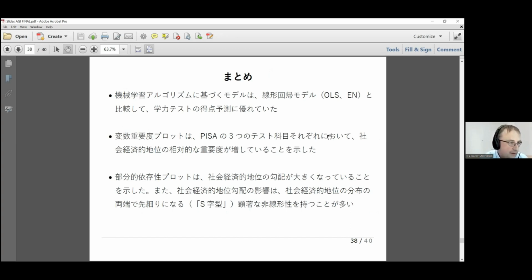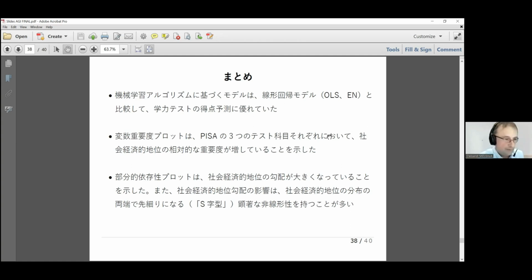When we try to explain the structure of this machine learning model, particularly the effect from socioeconomic status, then the relative importance of socioeconomic status became consistently higher, unfortunately, over the years. And now it's one of the most important variables when we try to explain academic performance.